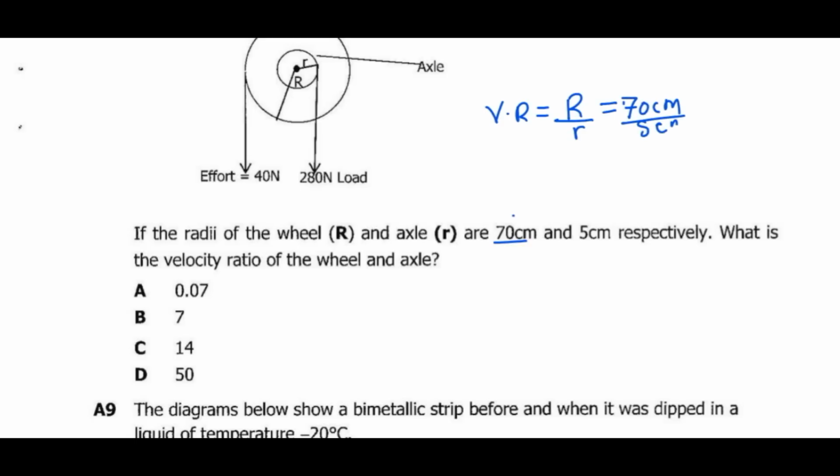The centimeters will cancel, then we divide 70 by 5. So the final answer is just 14. So that's what you are supposed to do whenever you are given 2 radii.